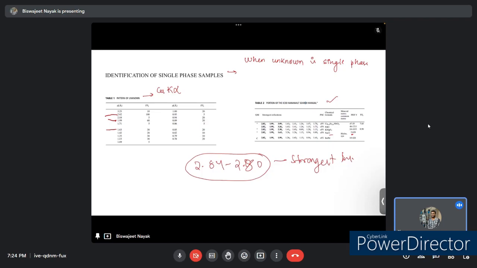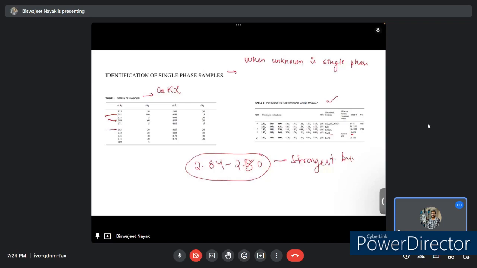If we see the PDF card and compare the complete pattern, it is in good agreement, but there are some discrepancies, and these discrepancies must be resolved before identifying it as NaCl.